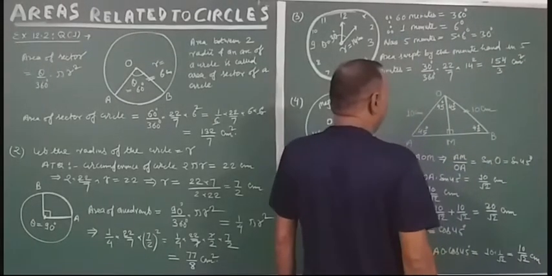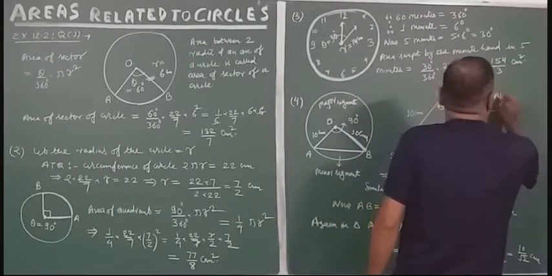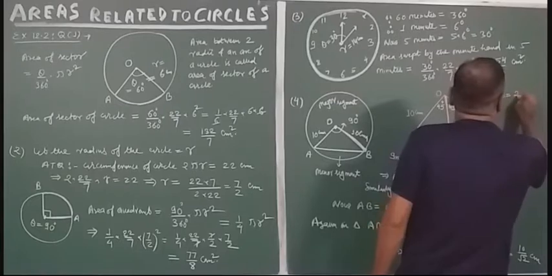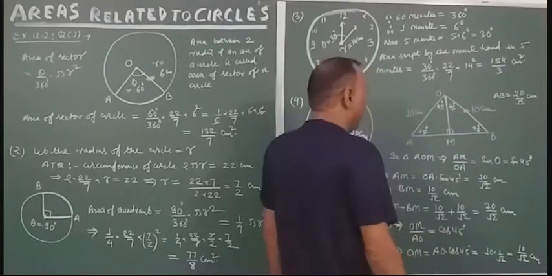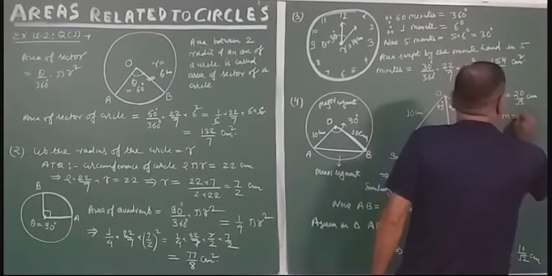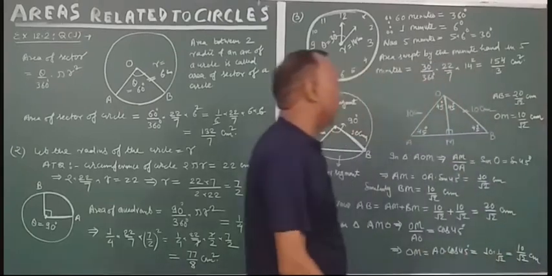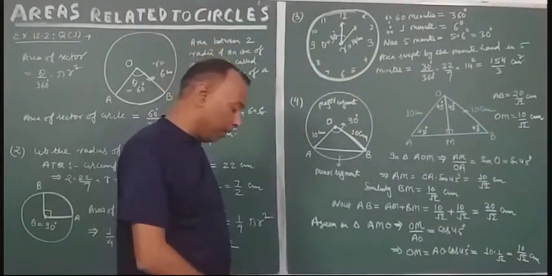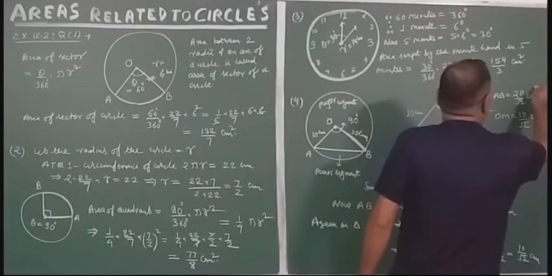So what is the value of AB here? AB is 20 upon under root 2 centimeter, and OM is 10 upon under root 2 centimeter.